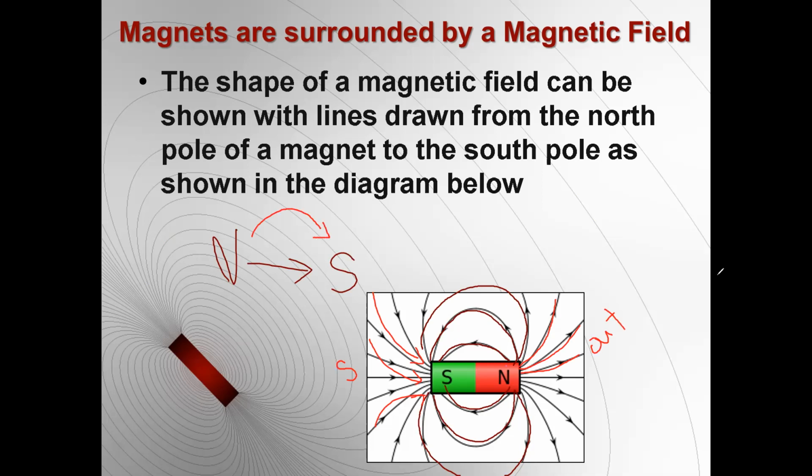That means the lines going out from the north get into the south. So how will the lines be? The lines must be drawn from the north pole, entering the south pole, as you see here. Entering the south, going out from the north.